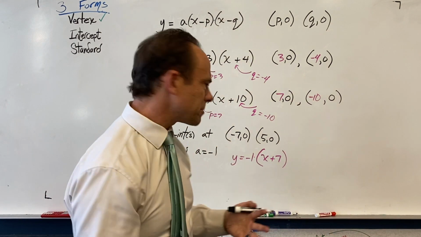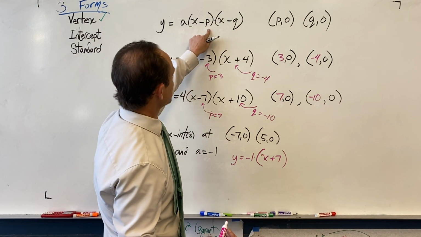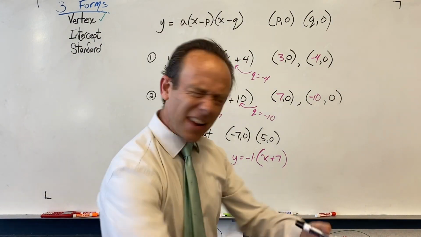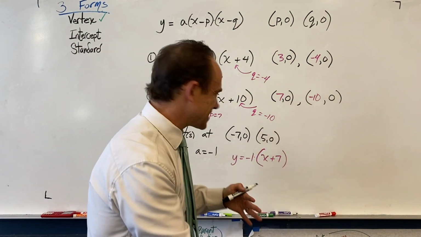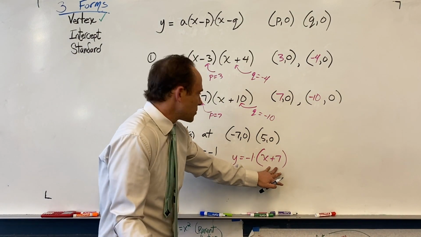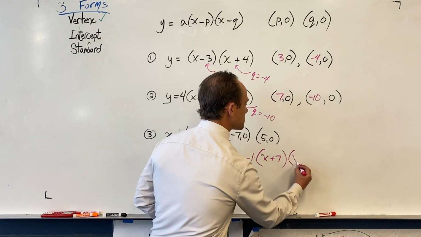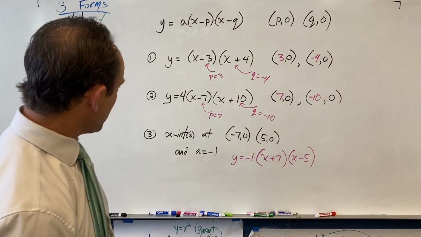You can think about it like that, or you ask yourself, if -7 is going to create a 0, then I've got to be adding 7 to x. That's the only way for -7 to become 0. Over here, 5, that must be the subtraction, so we're going x minus 5. And there you go.